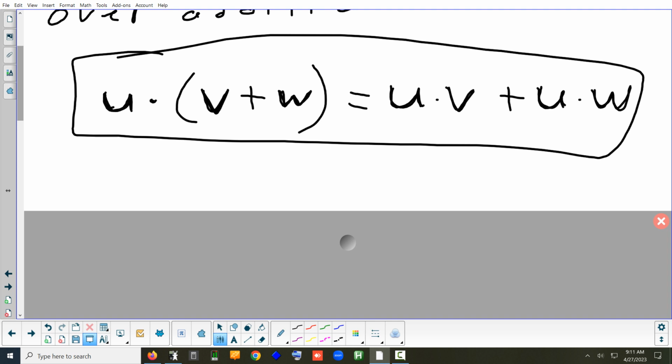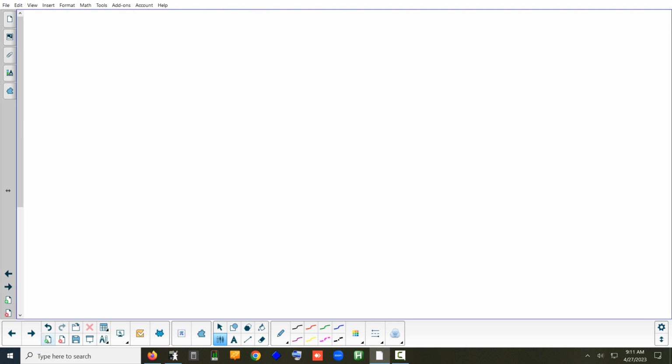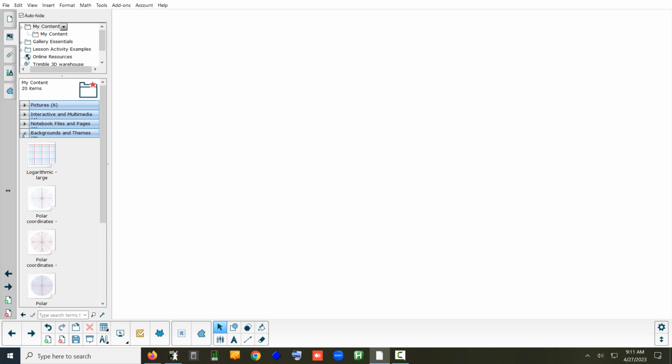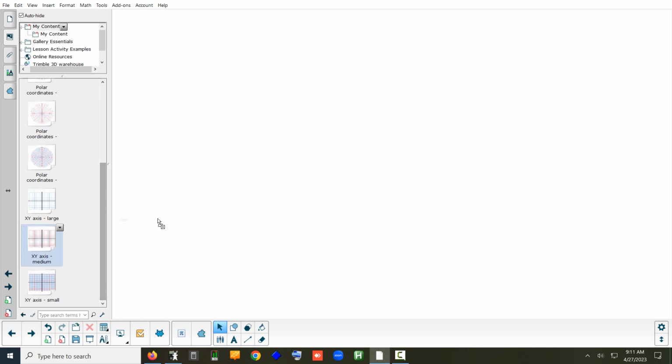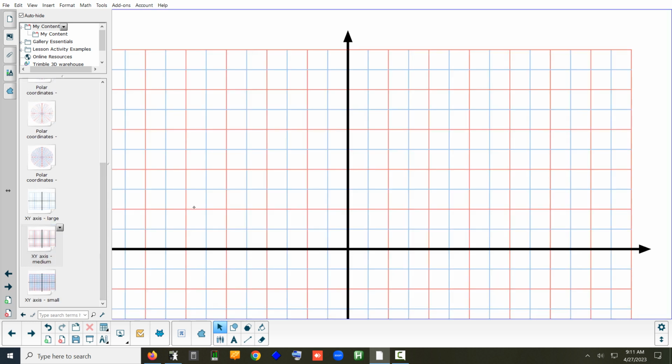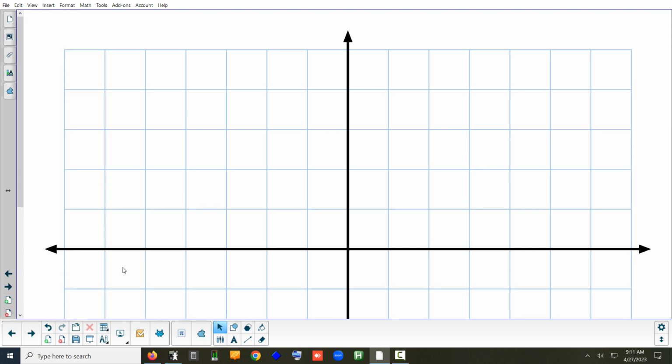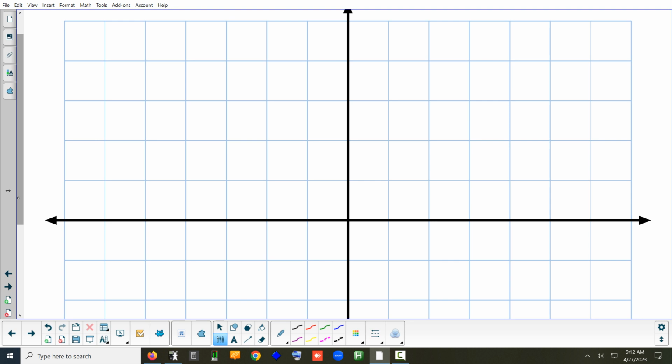Alright, so now let's think about how we could find an angle between two vectors. Let me get a grid. Alright, so I'm going to draw two vectors in quadrant 1 and see if we could figure out the angle between them.